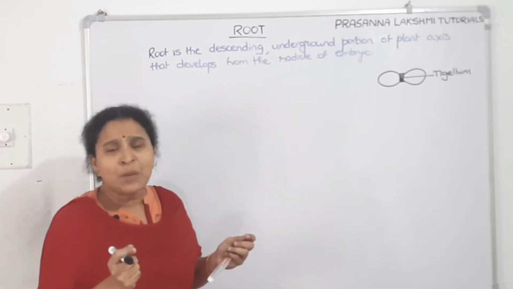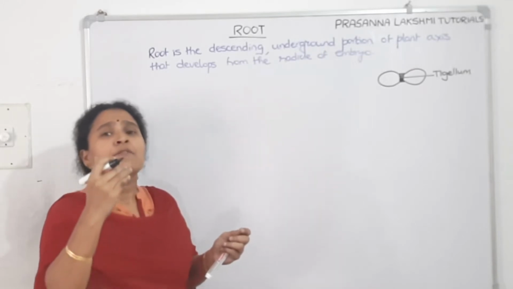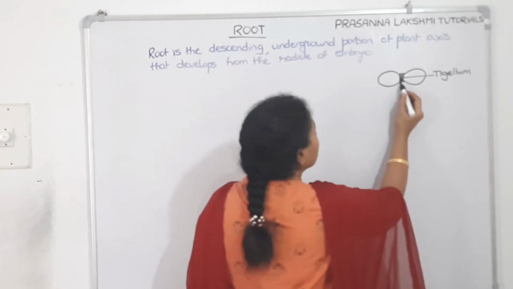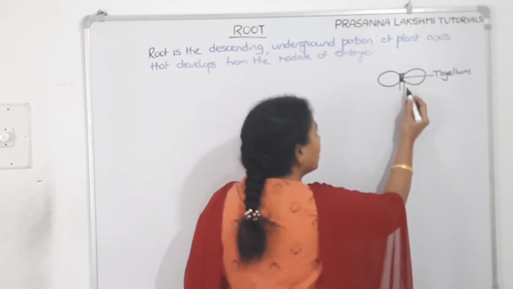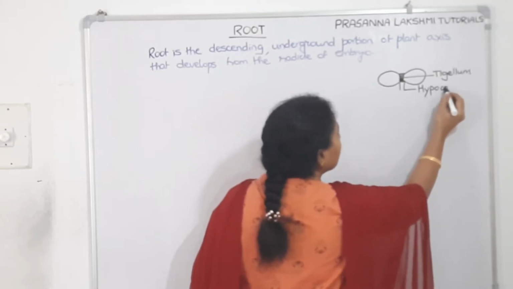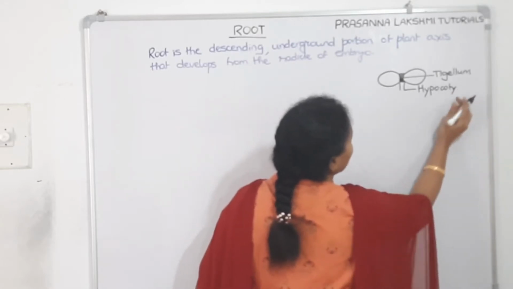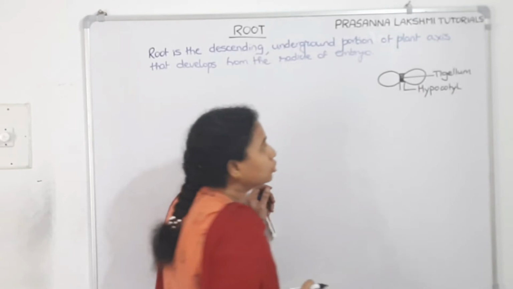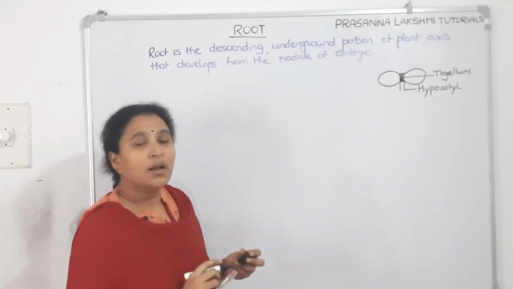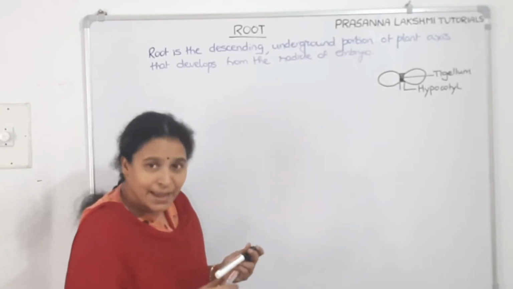The portion of the embryonic axis inside the seed which is attached to both the cotyledons is called tigellum. And the portion of the embryonic axis which is below the cotyledons is called hypocotyl.